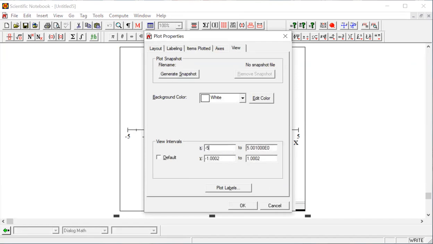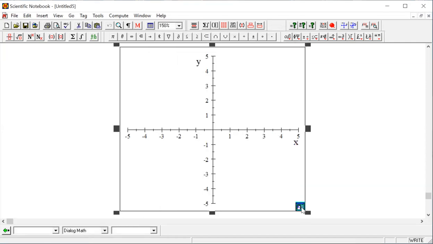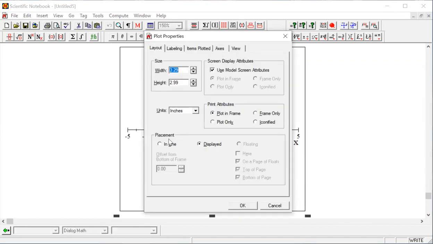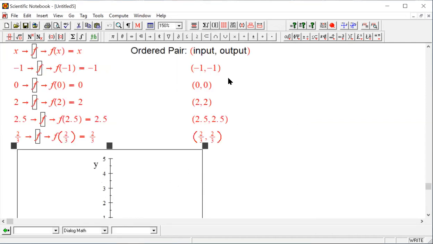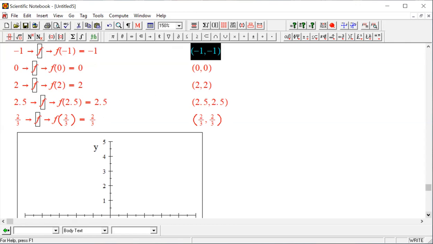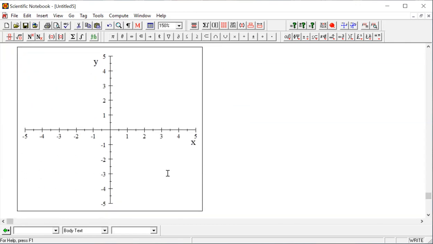So this is -5, 2, 5. And just make it a square. Now we're going to put all of these points in place, okay? And you do the same on your paper, please. So let's do it together.